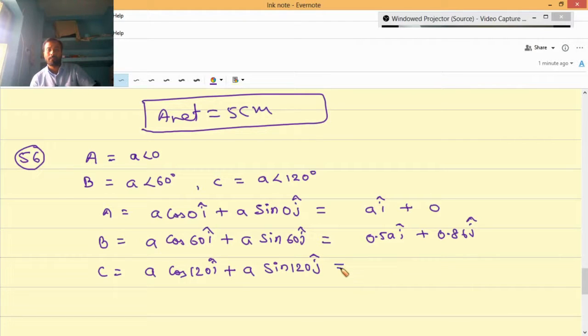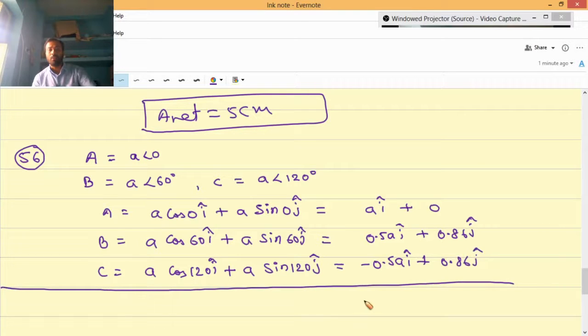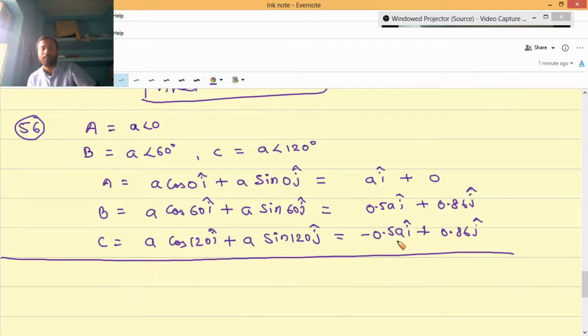Since the third is in the second quadrant, the cosine will be the negative of this, so it will be minus 0.5, and for the second part again root 3 by 2, so j 0.86.